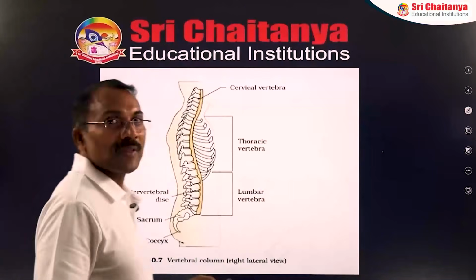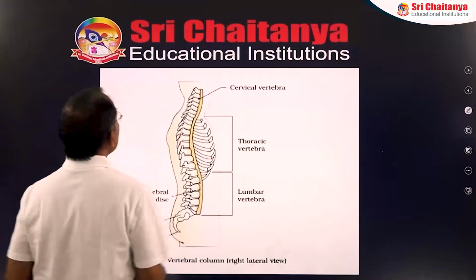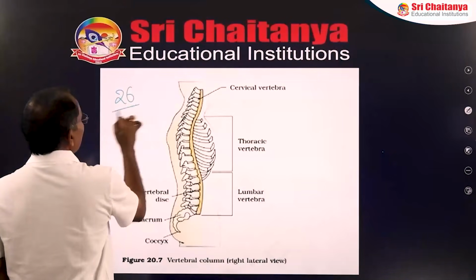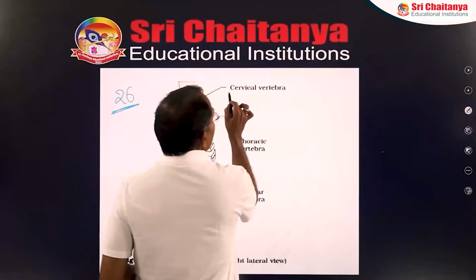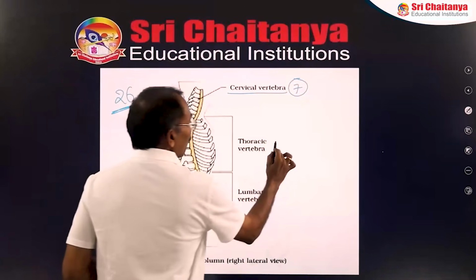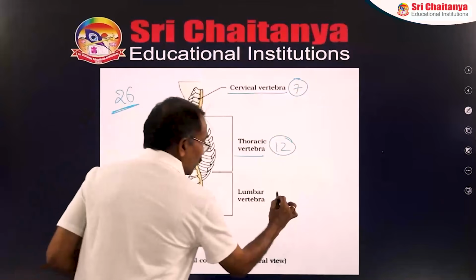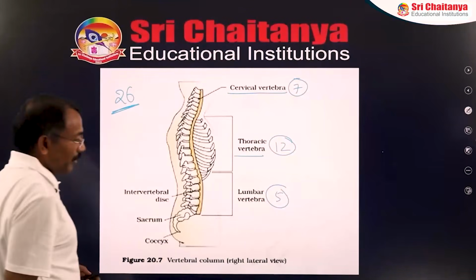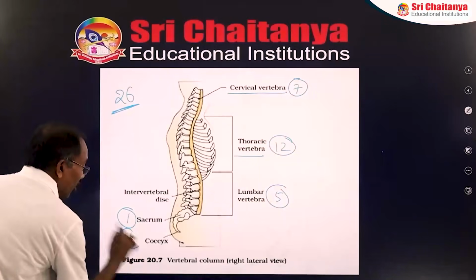Next, vertebral column. The vertebral column includes a total of 26 vertebrae. These 26 vertebrae are in the form of 7 cervical vertebrae, 12 thoracic vertebrae, 5 lumbar vertebrae, 1 sacrum and 1 coccyx.